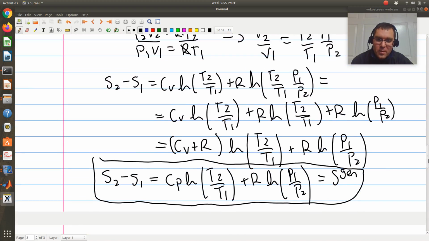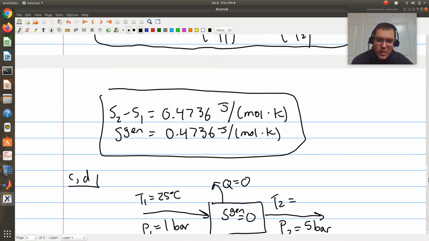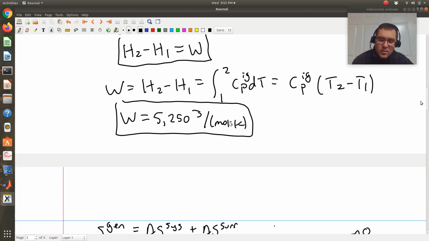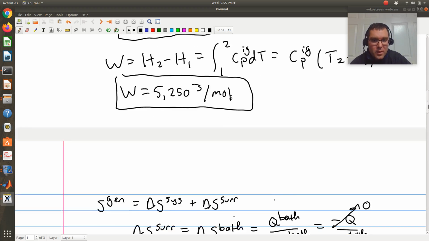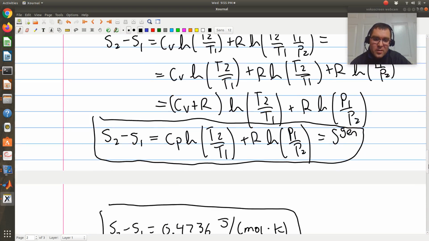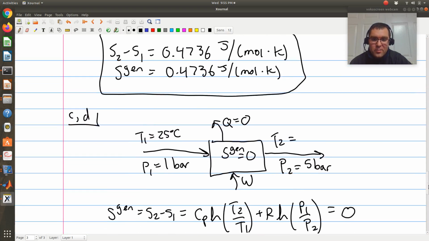My entropy generation is in joules per mole Kelvin. Work is not joules per mole Kelvin, it's just joules per mole. So work is 5,250 joules per mole. Entropy has units of joules per mole Kelvin.